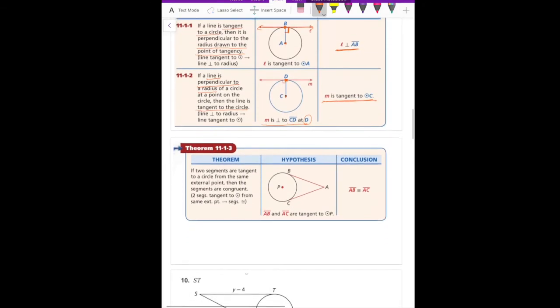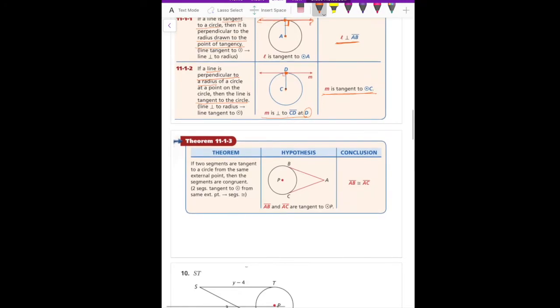We will prove that. The third theorem is, if two segments are tangent to the circle from the same external point, so A is the external point, if you draw tangents from A to the same circle, then the segments are congruent.